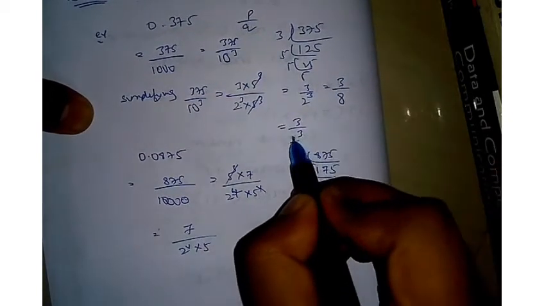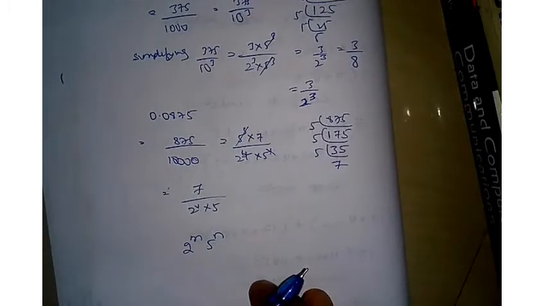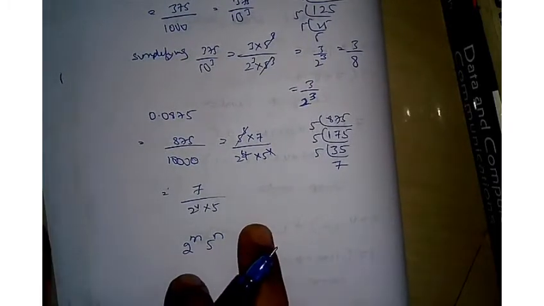So what you can observe here is, 3 by 2 cube. If the denominator is of the form 2 power m into 5 power n, where m and n are positive integers, then this will be a terminating rational number. Terminating number.